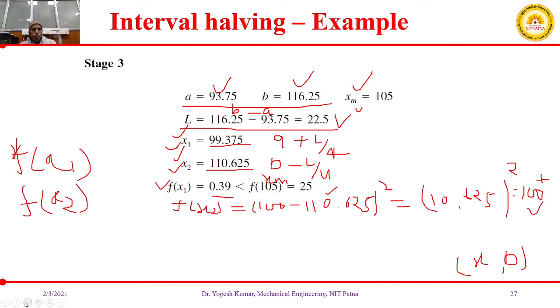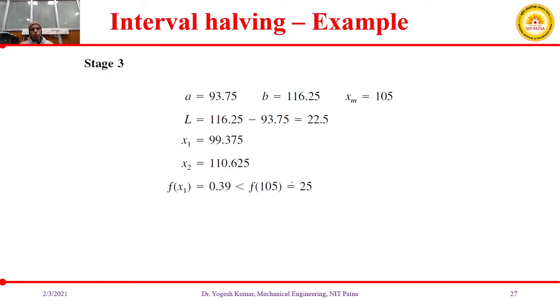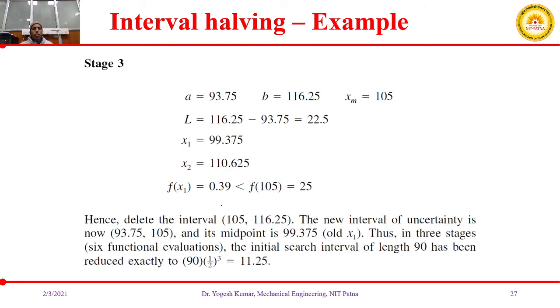So the region with the new value of xmb needs to be removed, and the region x1 to xm will be selected as your refined region for your given problem.